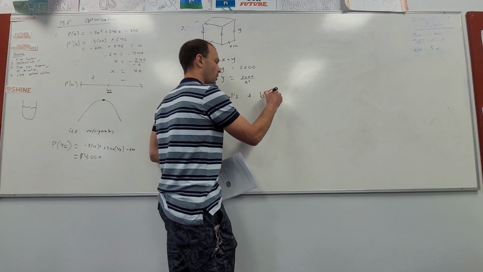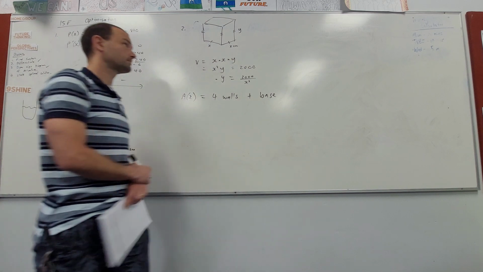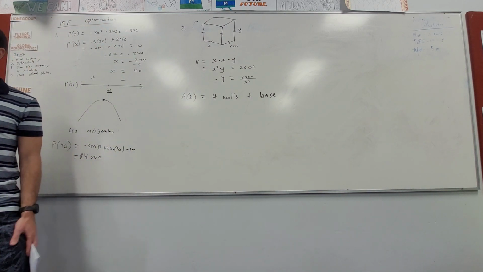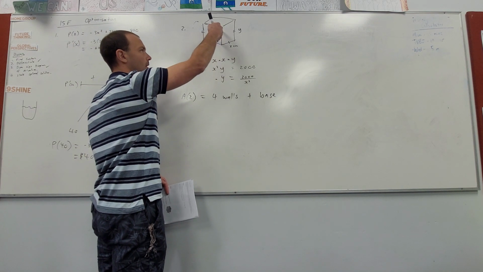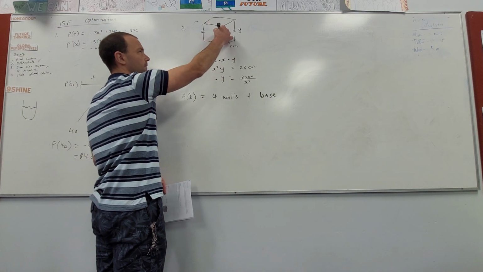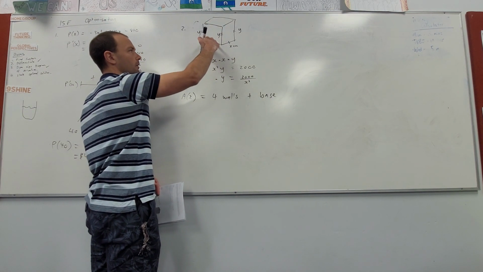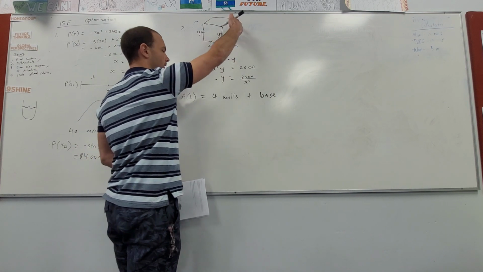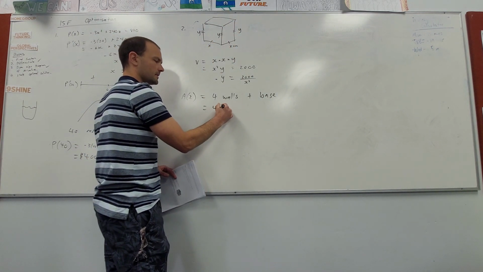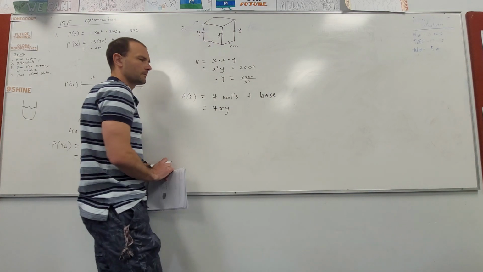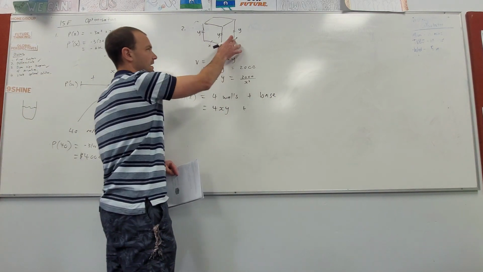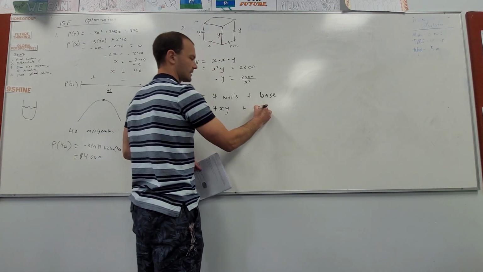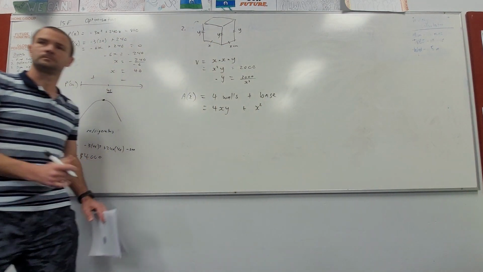So we have 4 walls plus the base. Now, each wall has an area of x times y. If this length is y, the area of each wall is x times y. So our surface area then is 4xy for the walls. And the base is x times x, so x squared for the base.